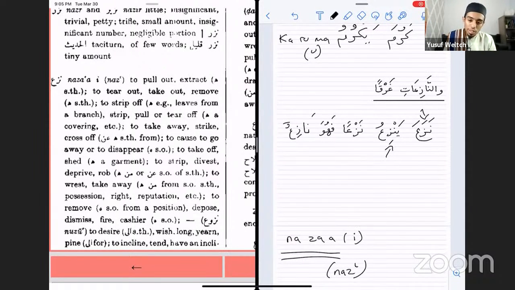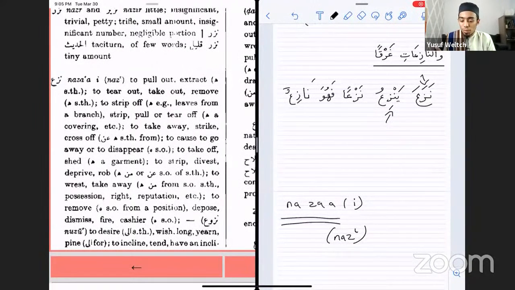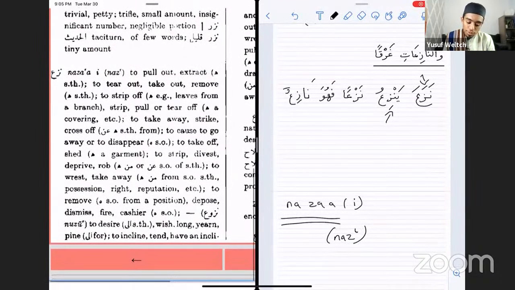So the nazi'at are the angels who pull out, who extract, who rip out the soul. Gharqan is a masdar, form 1 masdar. Gharaqa yaghriqu means to drown.